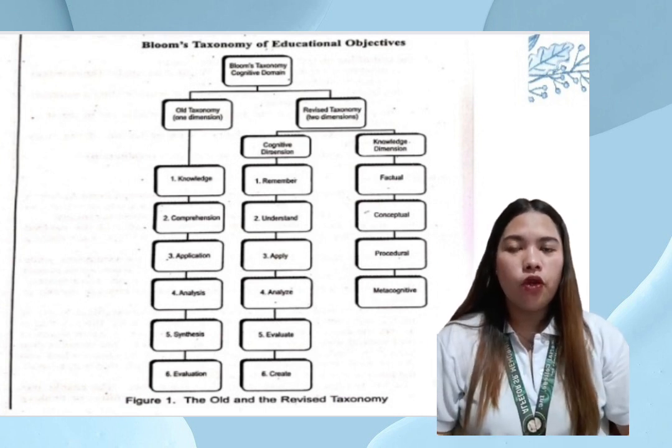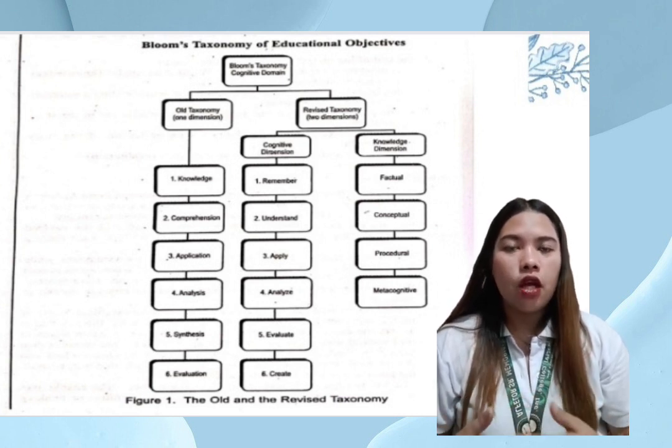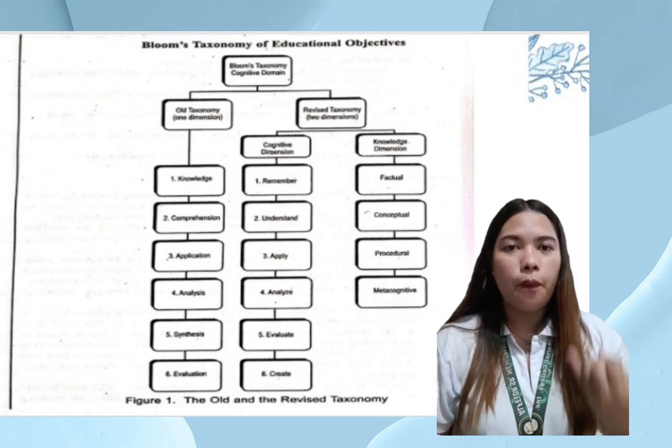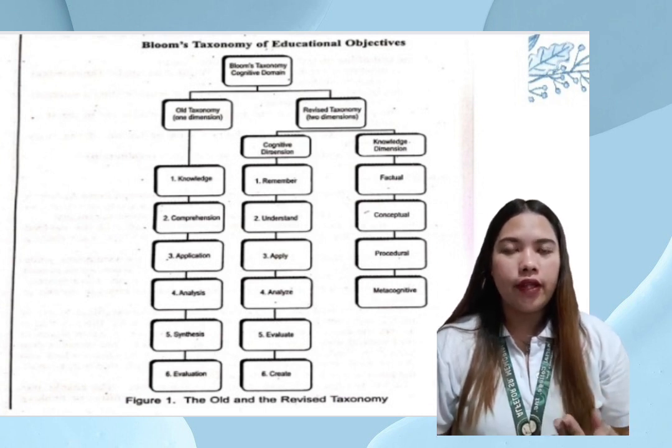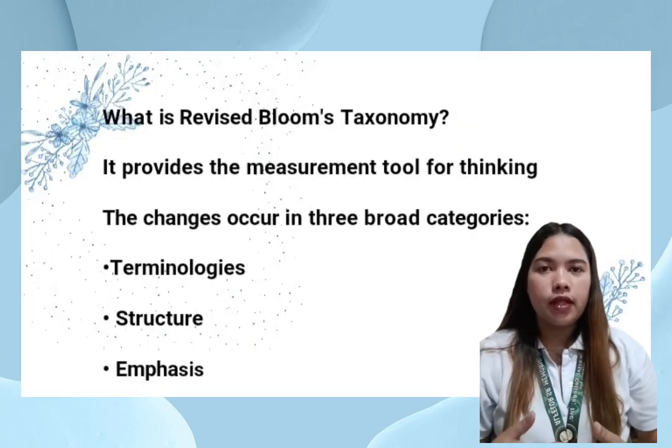Bloom's taxonomy in 1956, so from knowledge up to the highest, which is knowledge, comprehension, application, analysis, synthesis, and evaluation. What is revised Bloom taxonomy?